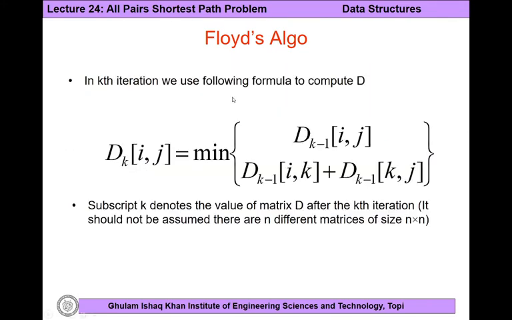This is actually the crux of the working of the Floyd algorithm, and I will need a figure to explain it to you. For example, in a graph we have three nodes, and this node is connected with this one, and this one is connected with this one, and this one is connected with this one.